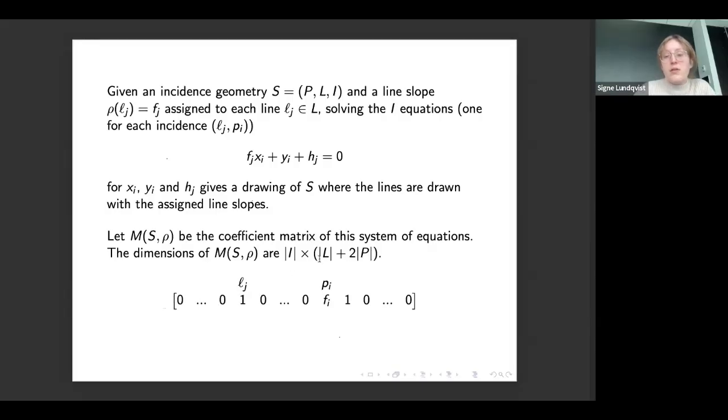And a typical row of this matrix M as rho, corresponding to an instance Lj, Pj, looks like this. It's one column corresponding to each line, and two columns corresponding to each point. One of the columns corresponding to the point has the line slope fj, and the other column is just one, and the columns that correspond to points and lines not involved in the instance are just 0.